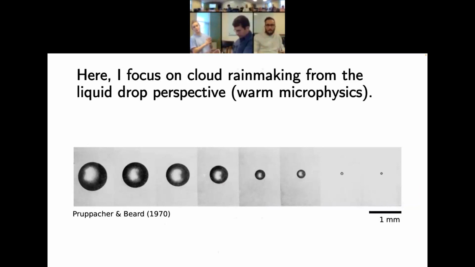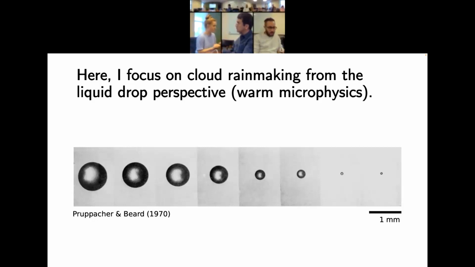And so amidst all that complexity, I want to specifically focus on cloud rainmaking from the liquid drop perspective. And the idea is we want to look at simplified microphysical representations of how clouds make rain, because this is necessary both to conceptually understand cloud evolution, and also if we want to parameterize the microphysics to put into larger scale models.